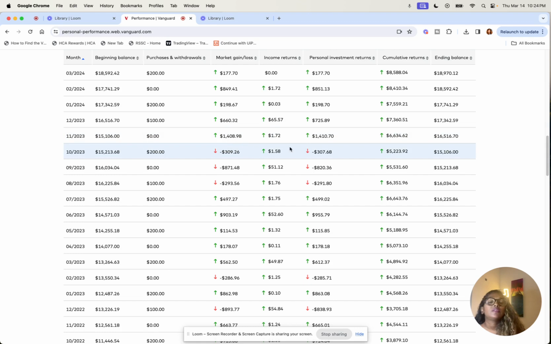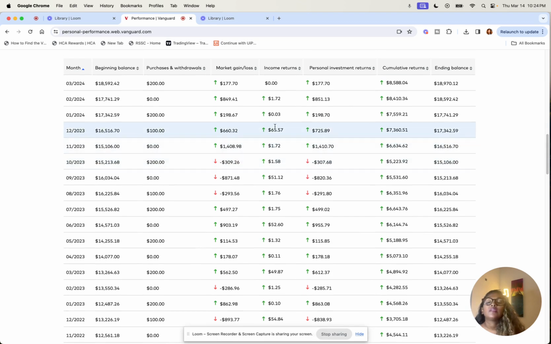This here you could see that it's actually in the positives, but if you look at the market gains and loss over time, you could see I have a lot of gains right here. Look at this big spike. I have a big gain here, cumulative returns.